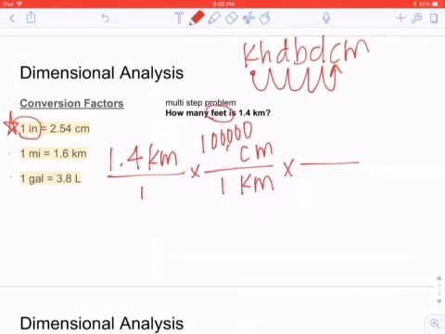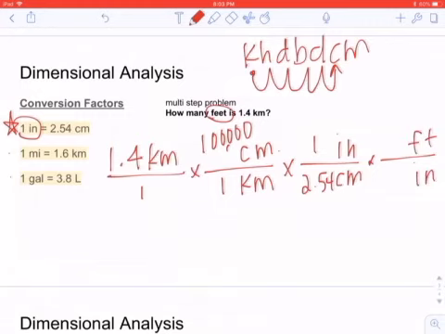I'm going to drop my centimeters down here, and then I can go to inches. I know 1 inch is equal to 2.54 centimeters. Then I can go from inches to feet. There's 12 inches in 1 foot. I can cancel out my kilometers, cancel out my centimeters, cancel out my inches, and I'm left with feet.